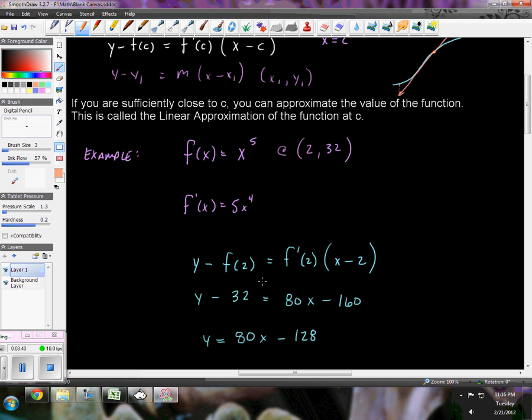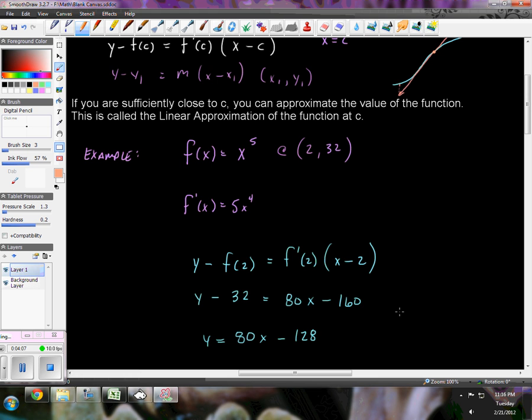And so we simply have y minus f of 2 is equal to f prime of 2 times the quantity x minus 2, because 2 is the x value that we're considering. Now if we solve that for y, we have y is equal to 80x minus 128. And this is going to be our tangent line.